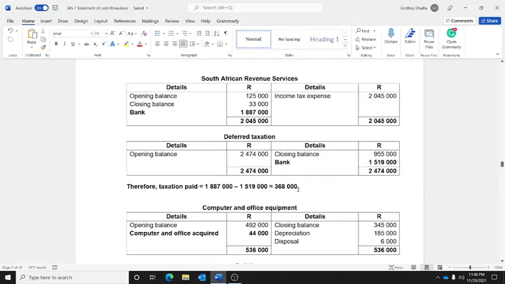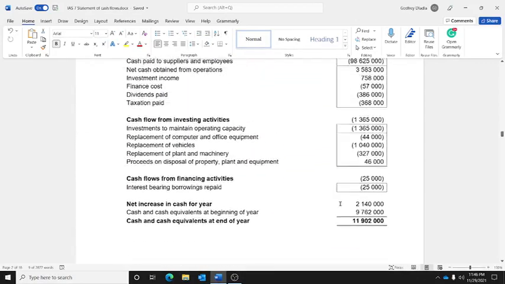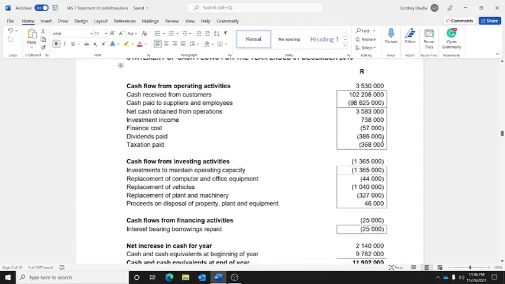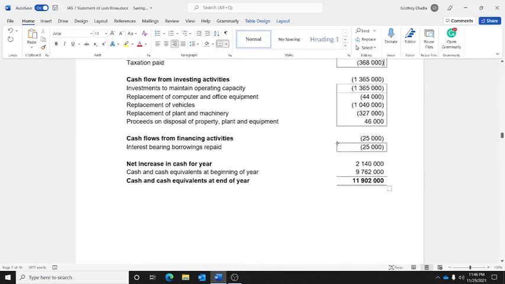Then I take the difference between the inflow and the outflow. It gives me 368,000, an outflow, which is this one here, 368. So we are dealing with these figures as we go along one by one, right?